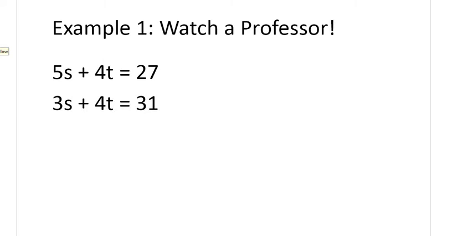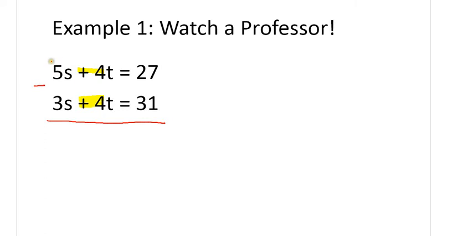If I look at the coefficients for s, they are 5 and 3, not the same or additive inverses. So I go on to t. Here I see that I've got a positive 4 and a positive 4, so they are the same. If the coefficients are the same, quick reminder, all I have to do is subtract. So I'm going to pull this subtraction sign here, and we subtract the coefficients of the same variable and the constants.